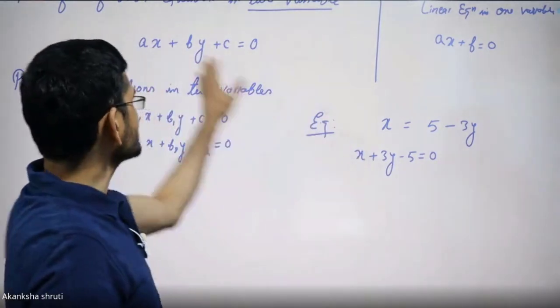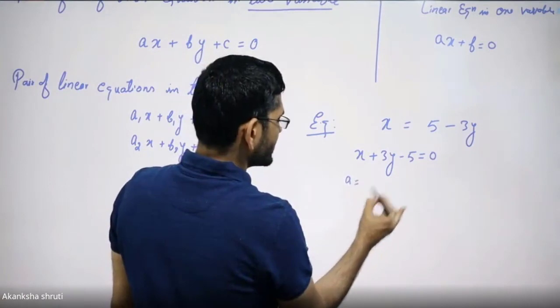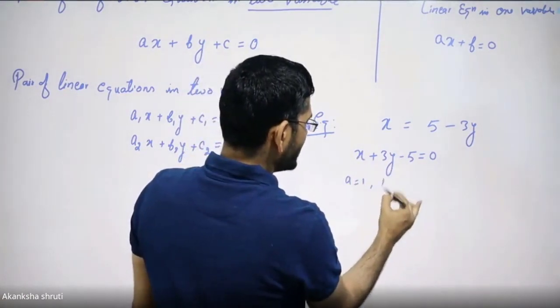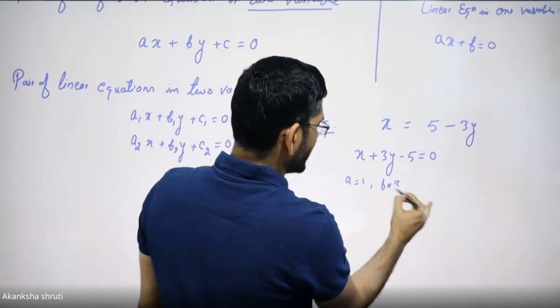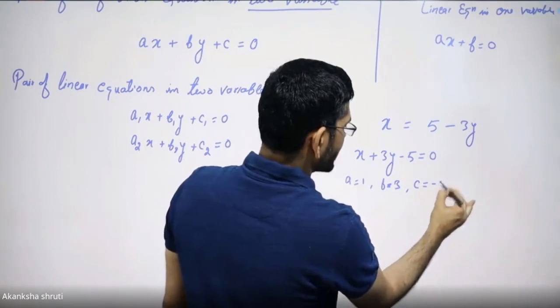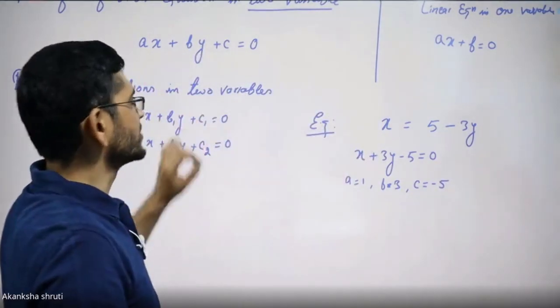Comparing this with the standard form, we have the value of a, meaning the coefficient of x, as 1, the value of b, meaning the coefficient of y, as 3, and the constant term c as minus 5. So this is the meaning of denoting it in general form.